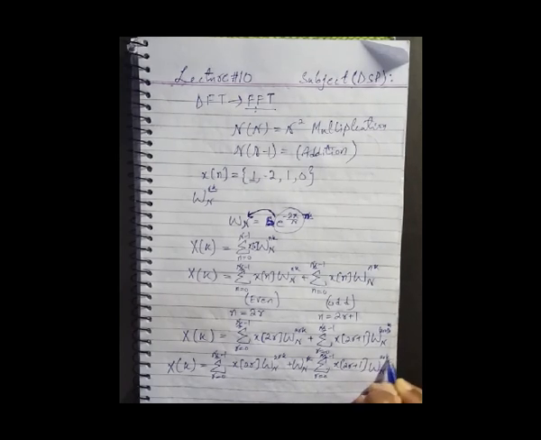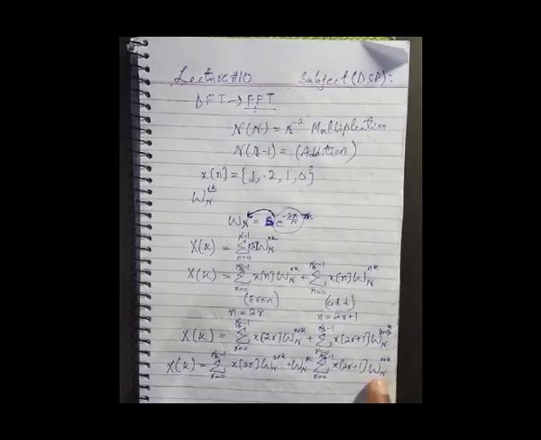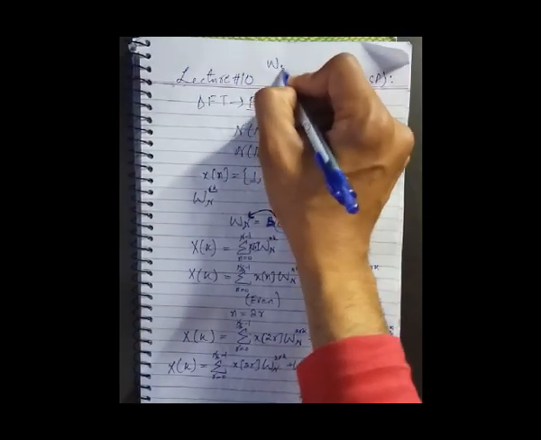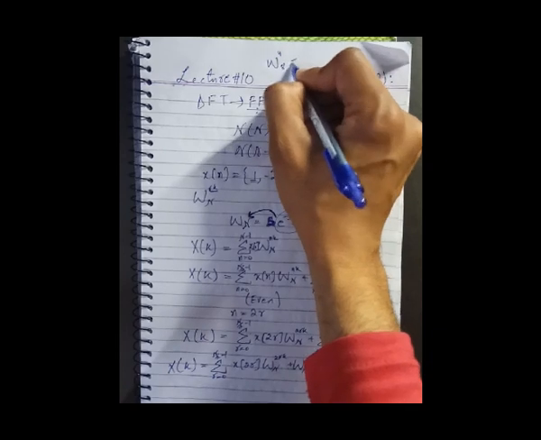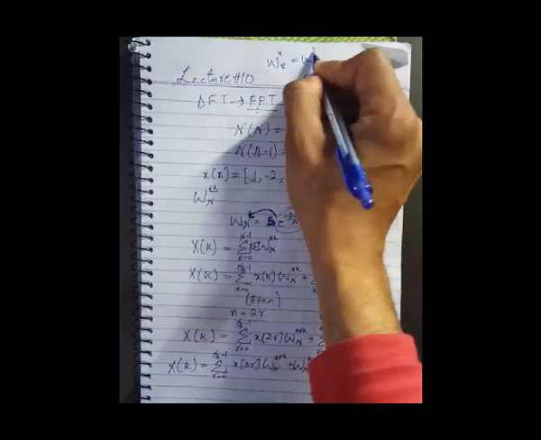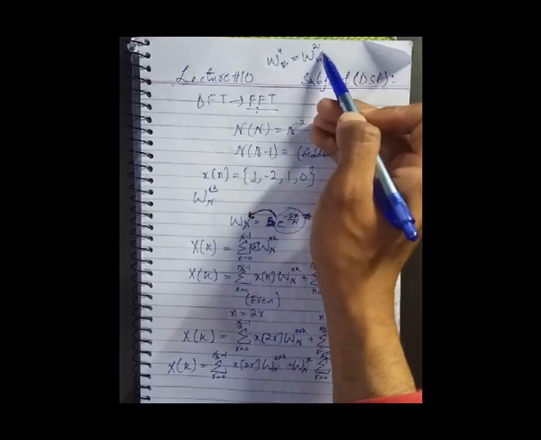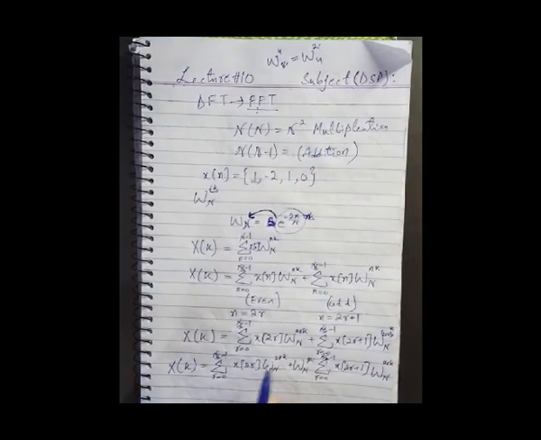We have 2rk. Now we have the property that W of 4/8 is equal to W of 4/2, meaning if this becomes half, this upper term becomes half. So we apply this property on this.